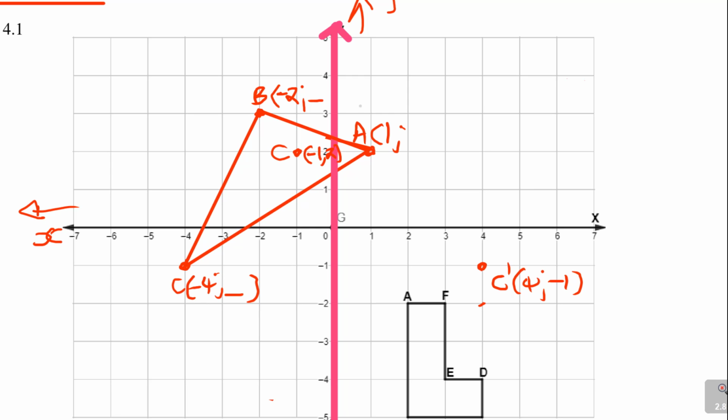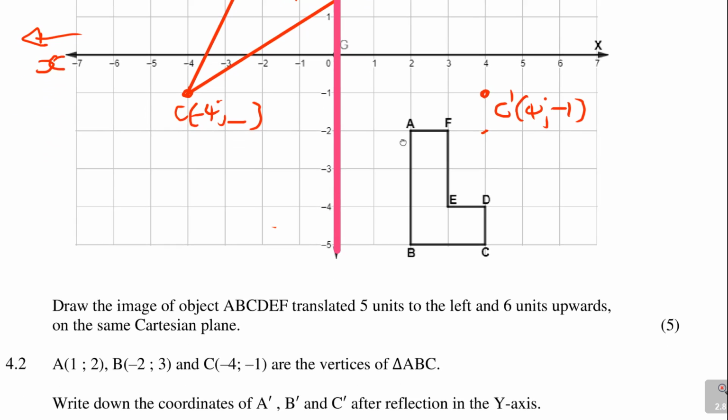And B becomes 2. We come here. B becomes the new B. This was the new C. Actually, this one is the new A. B becomes what? B becomes 2, and then we maintain the part of what? Of 3.